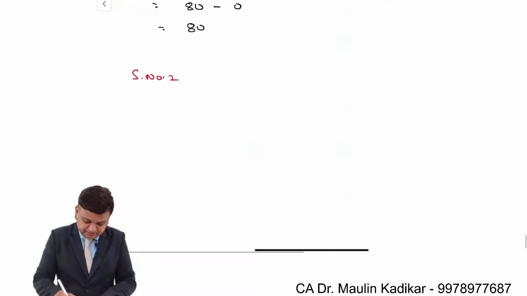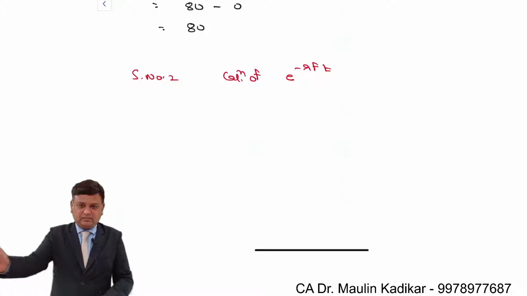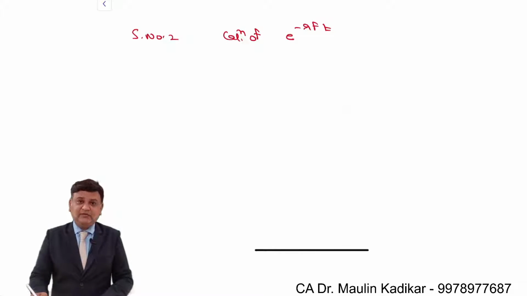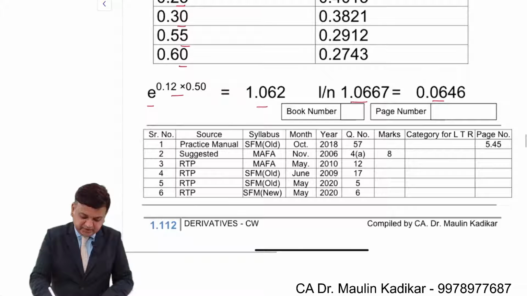Step number 2, calculation of e raised to negative RF into t. Friends, over here we can see that the information is provided to us about 1.062.